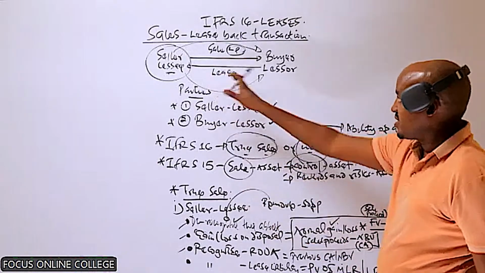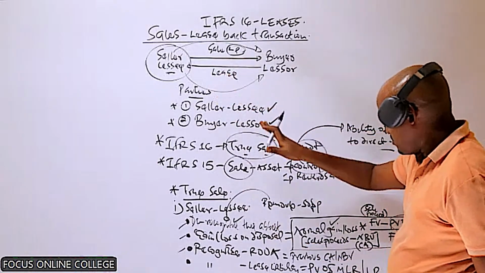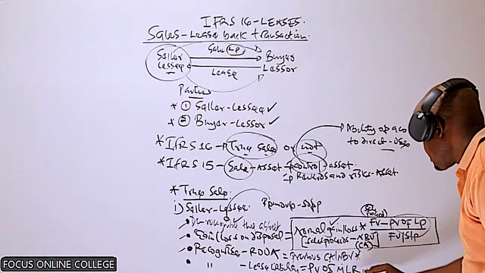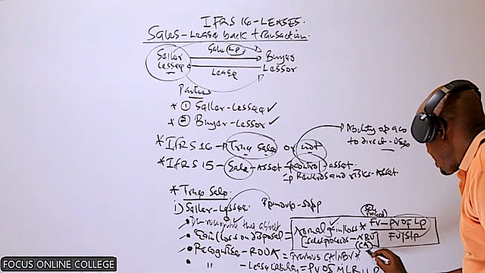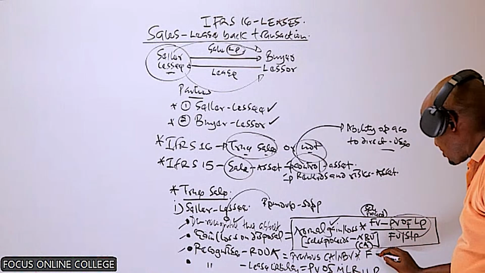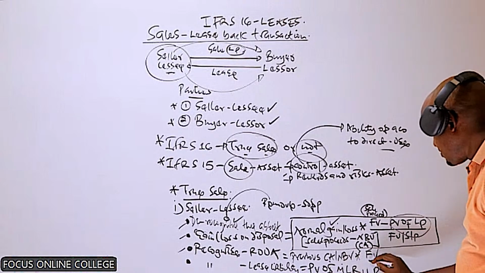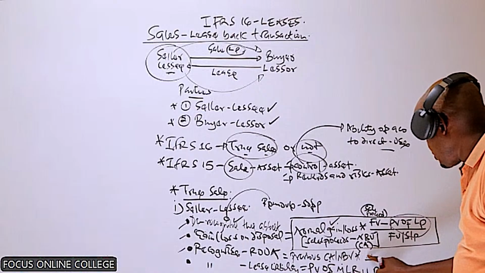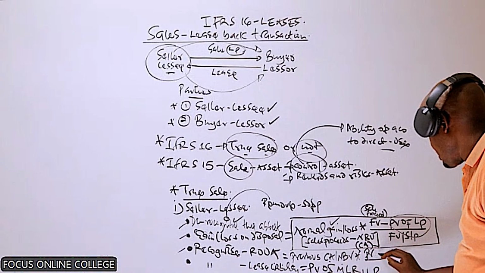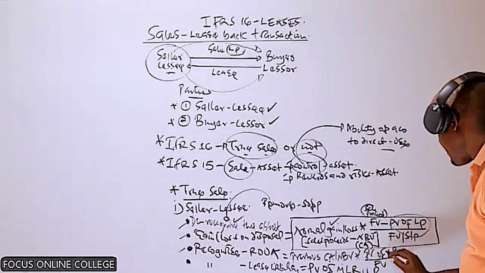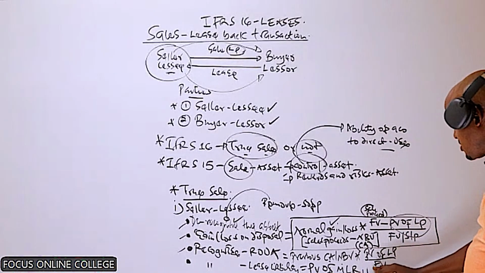This particular asset which was sold, what was its net book value, or what was its carrying amount? So we multiply this with the present value of the lease payment, divided by the fair value.